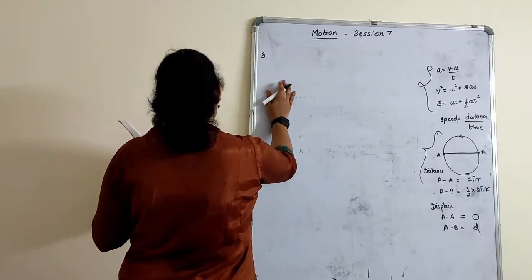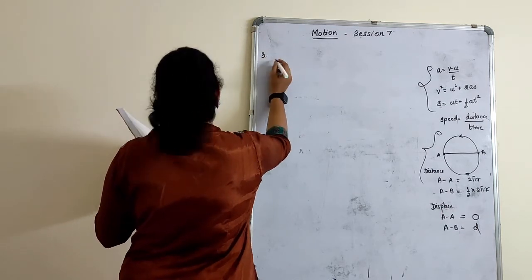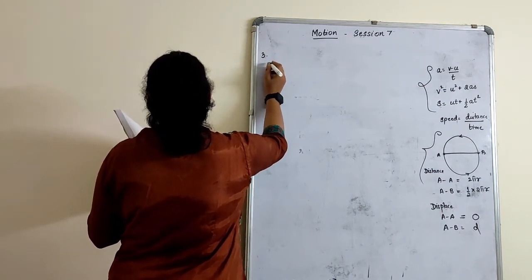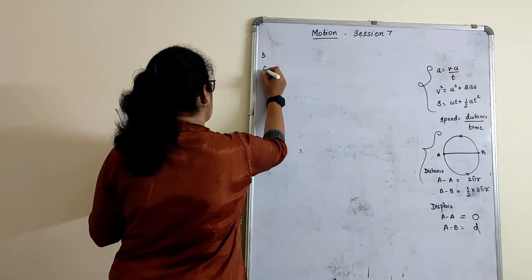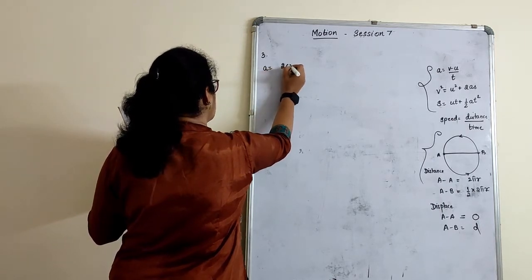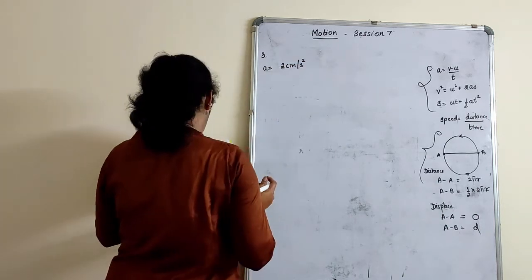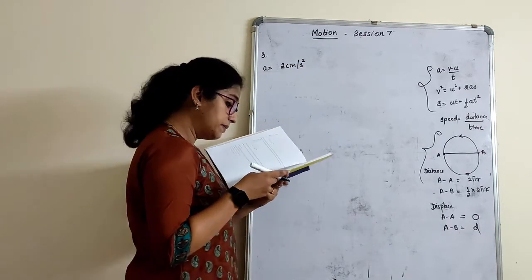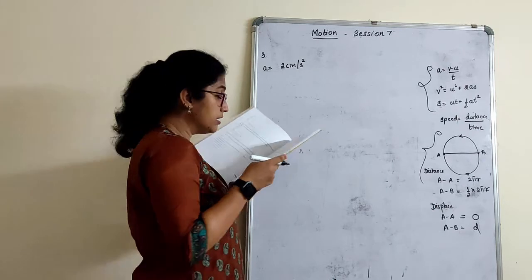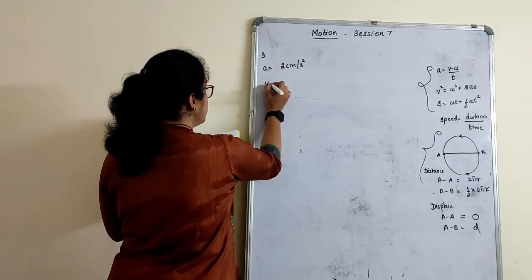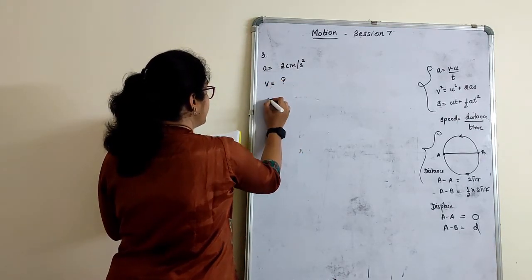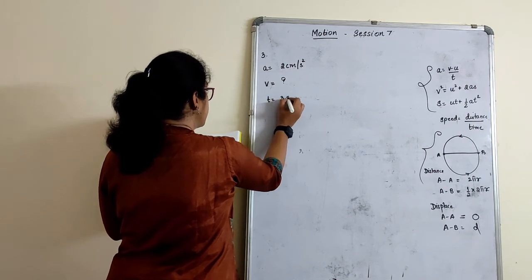So what we will write here is, first of all, acceleration is equal to 2 centimeter per second square. Okay. What will be its velocity after 3 seconds?